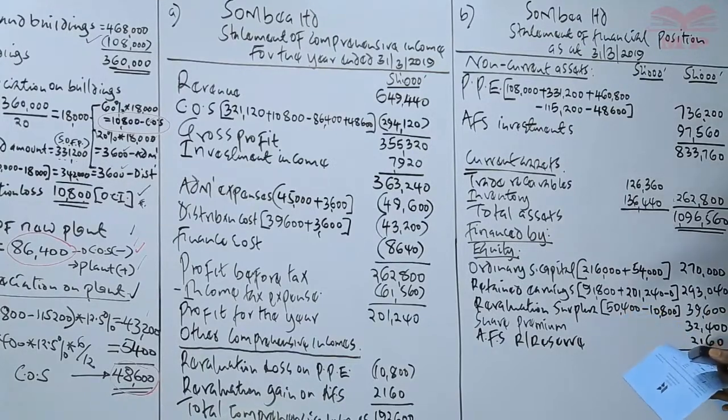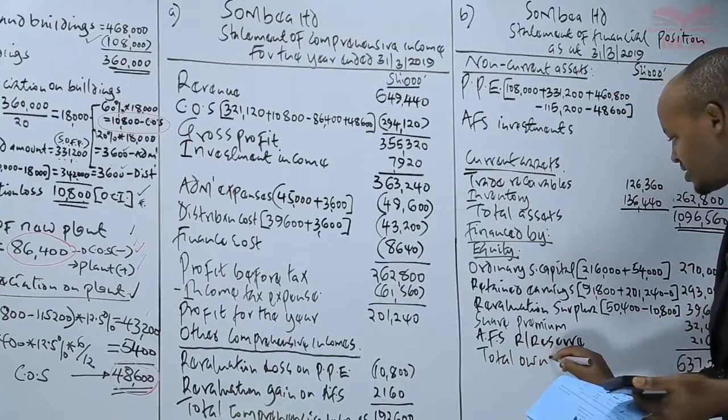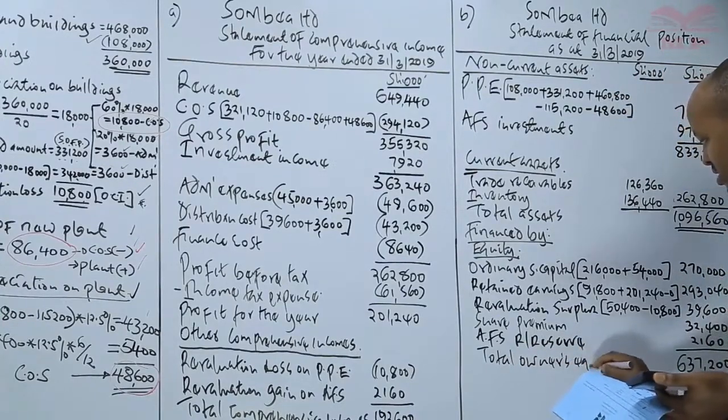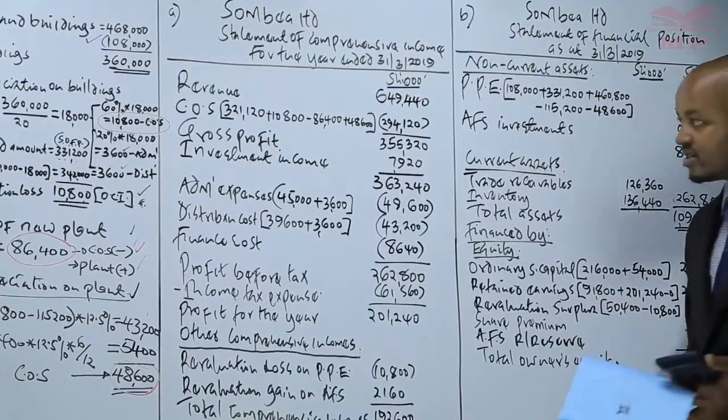That will give us an amount of 637,200. So that is total owner's equity. And then to that, we proceed and add the liabilities.